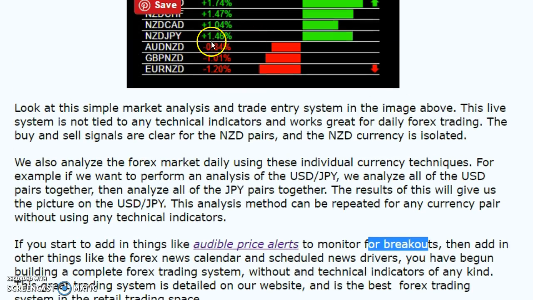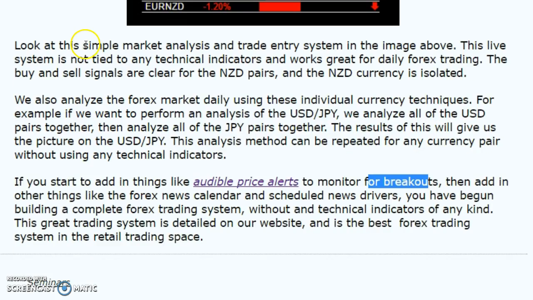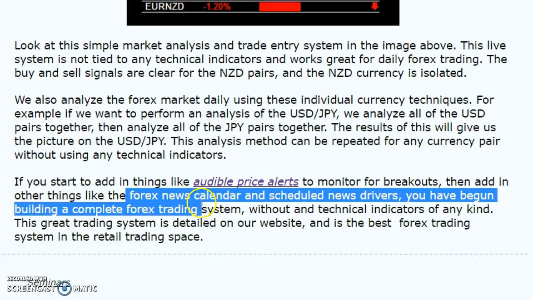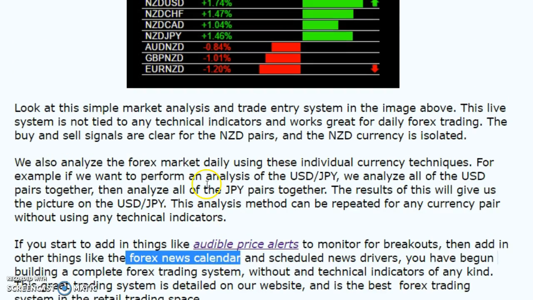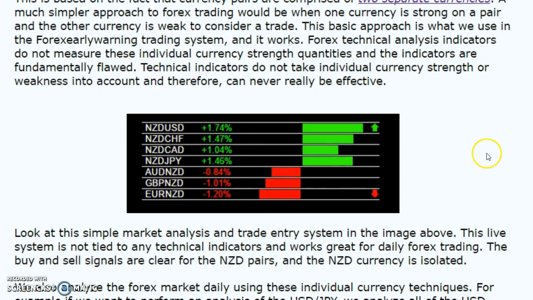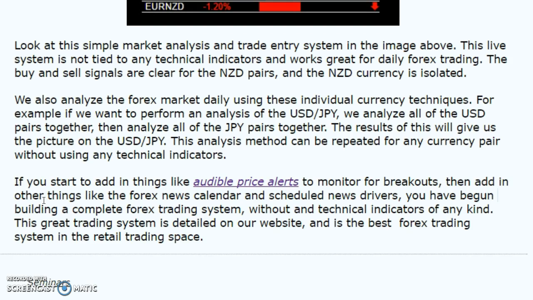You'll use this great indicator called the Forex Heatmap for 28 pairs, and then you'll add in other components like the Forex news calendar to find out when there are going to be strong news drivers that will drive movement. You'll see a news driver for the New Zealand dollar, and you can get in front of the computer to see when that pair is going to move and start trading some new pairs like the New Zealand dollar, and add that to your arsenal instead of being stuck with the technical indicators trading the Euro USD every day.